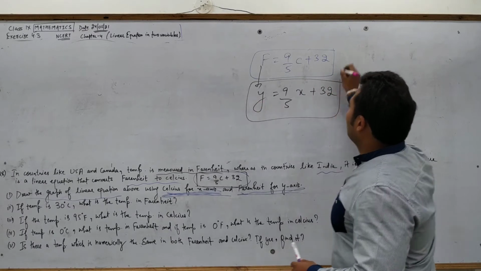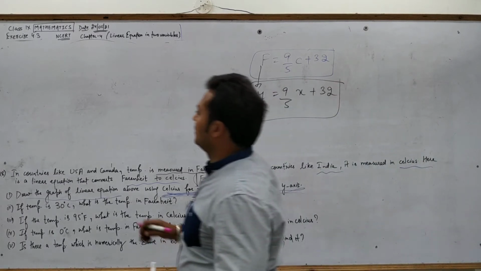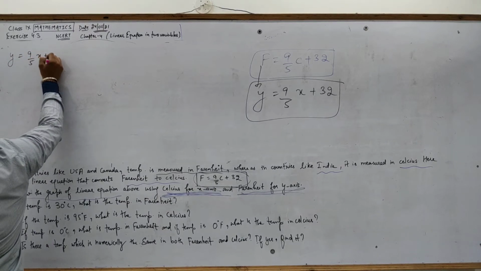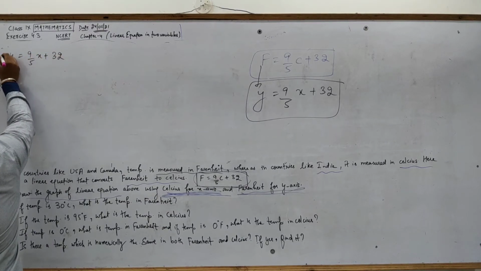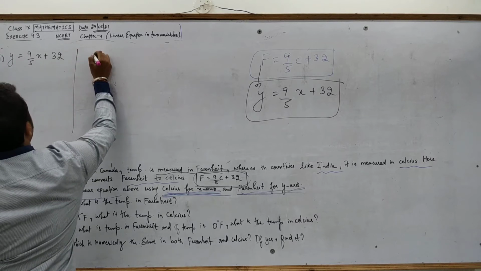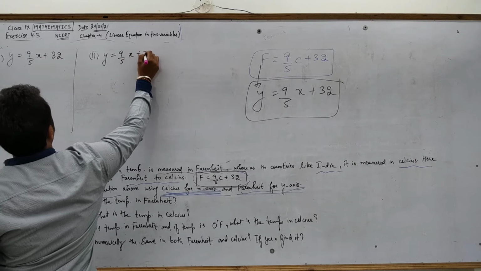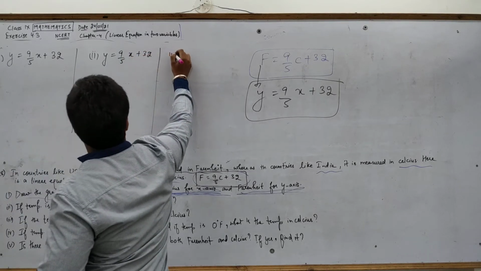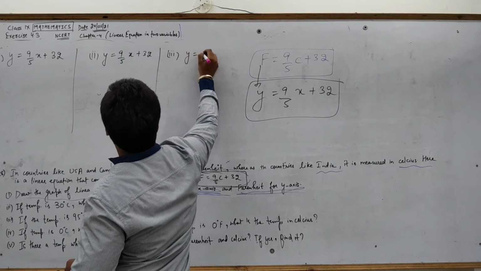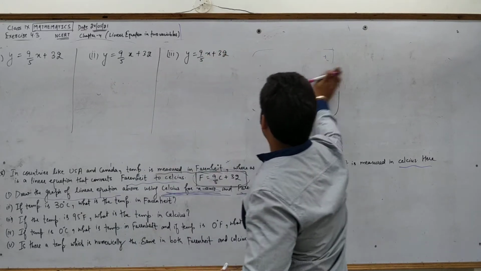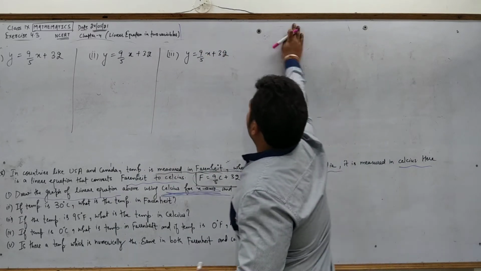Now we are to draw the graph of this equation: y equals 9 by 5 x plus 32.